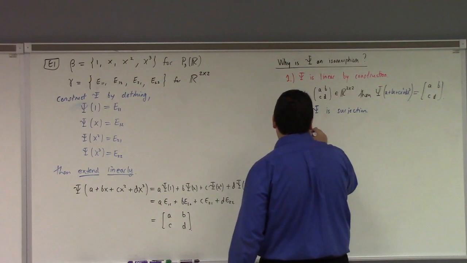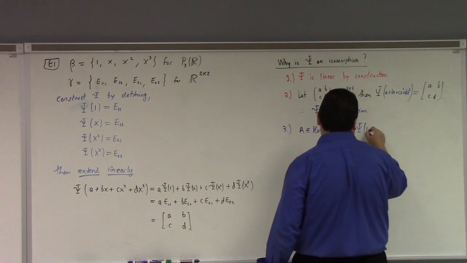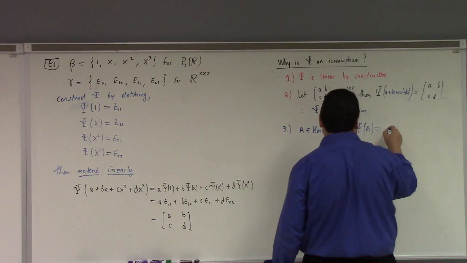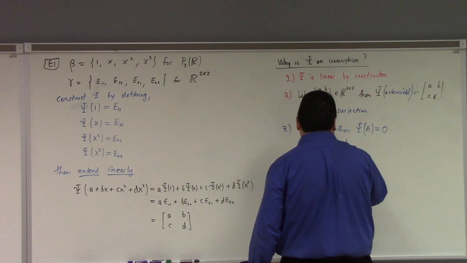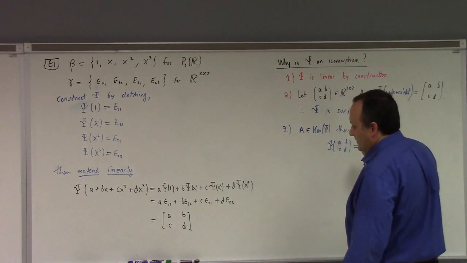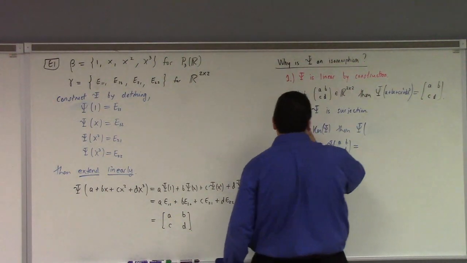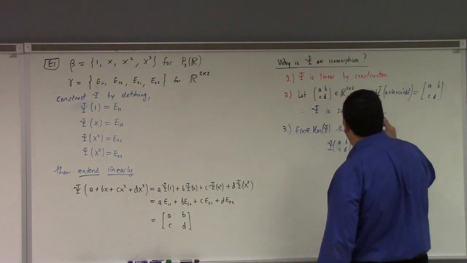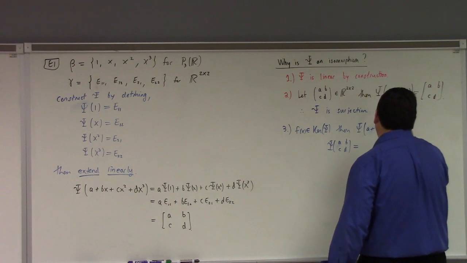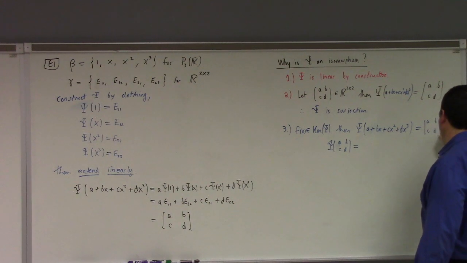If A is in the kernel of psi, then psi of A is equal to 0, but that means psi of a plus bx plus cx squared plus dx cubed, which I'll call f(x) just to be clear, is equal to the matrix a, b, c, d, which is equal to the 0 matrix.